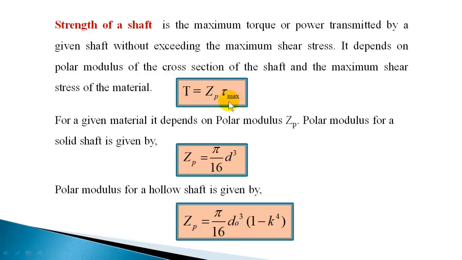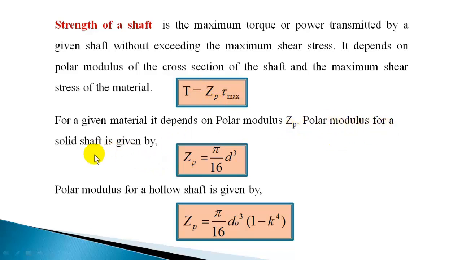But for a given material, the maximum shear stress limitation is the same. So for a given material, torque transmission capacity only depends on the polar modulus of the cross section. So torque carrying capacity only depends on the polar modulus when the materials are the same.